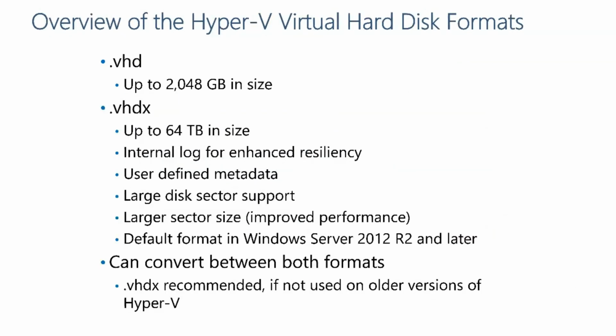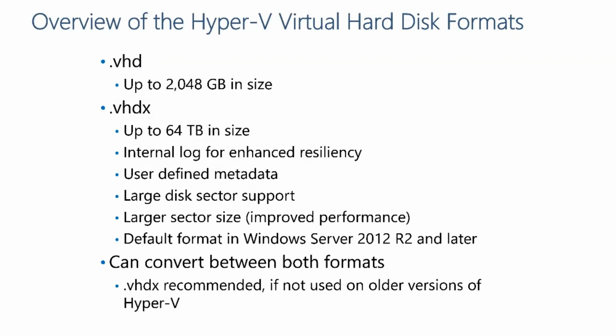So here are some numbers. These numbers are a little bit outdated because every time there's a new version, they're going to make it bigger, so take this more as a comparison than anything else. VHD is the file format, so the file extension. For Hyper-V, it's the .VHD extension or .VHDX.